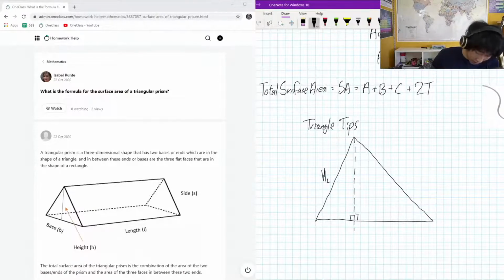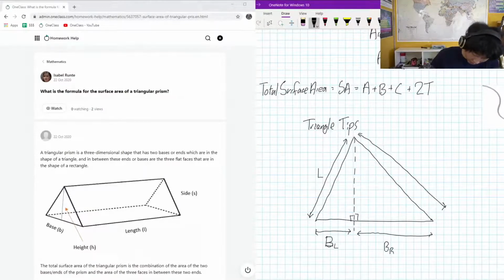Actually, I should call that L for left. And let's call this the left base, so base BL. This will be the right base, BR. This will just be R, the right, and this will be H.